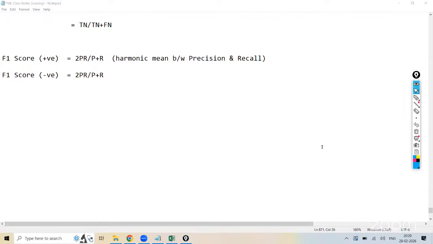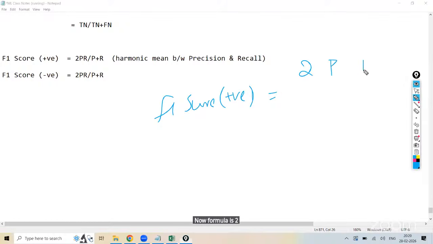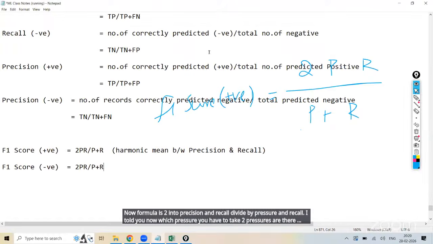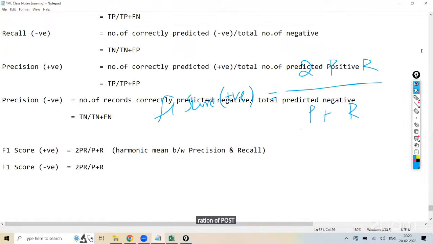Yeah. So whenever you're calculating the F1 score of positive, the formula is 2 into precision into recall divided by precision plus recall. I told you now. Which precision do you have to take? Two precisions are there, right? Precision of positive or precision of negative? For recall, recall of positive is there, recall of negative is there. Which recall will you take?